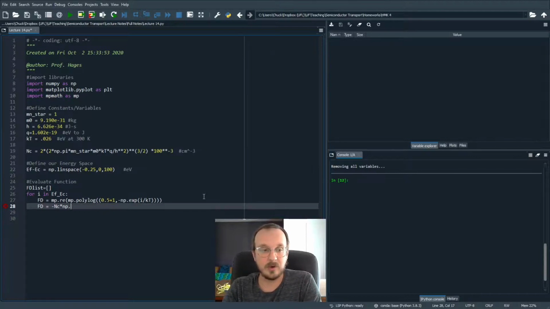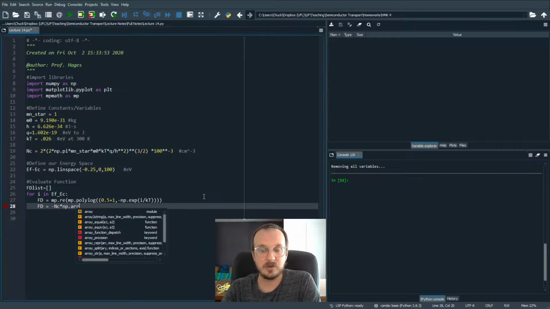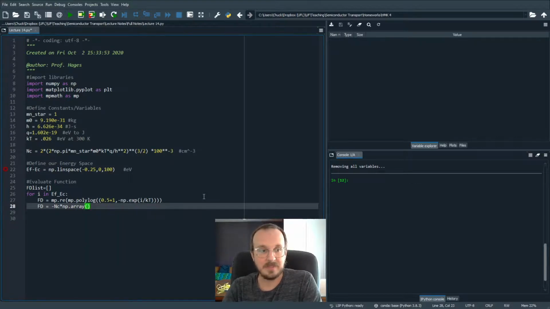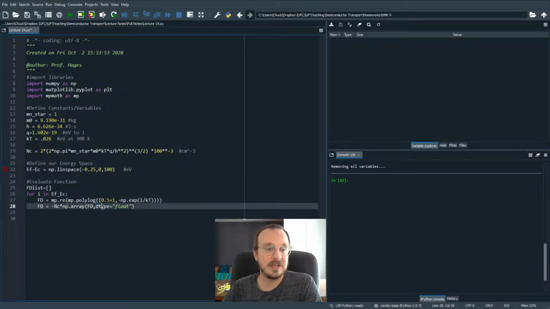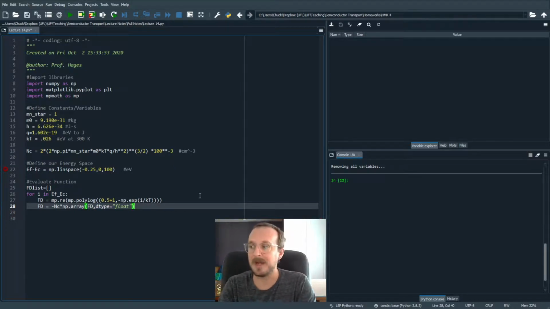So we're going to turn it into a NumPy array, np.array, take FD, and say the dtype is float. We're converting the output of the polylog function, the real part, into a floating value, and this is going to be fine. Now we can do normal math operations on it.